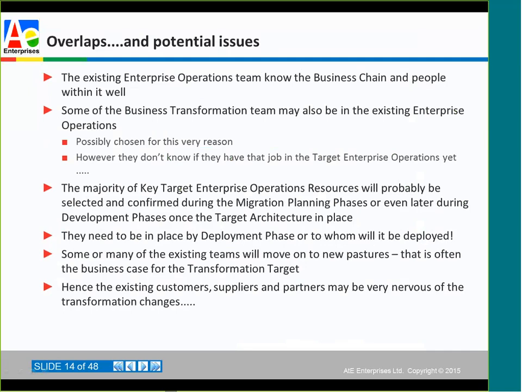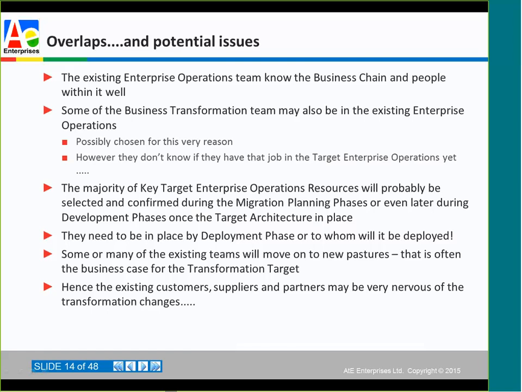Very few organisations will actually put the new organisation in place until that target architecture is in place and is in funding. Now, they definitely need to be there by the time we're doing the deployment. Or whom are we going to deploy it to? So here is part of our challenges.